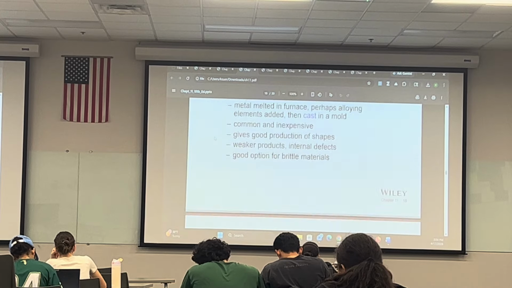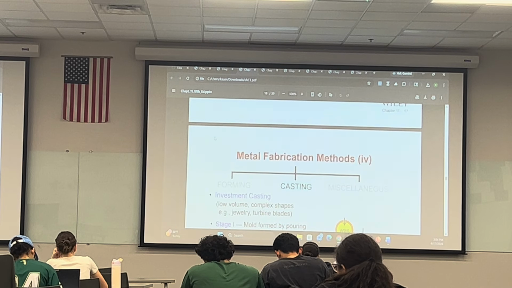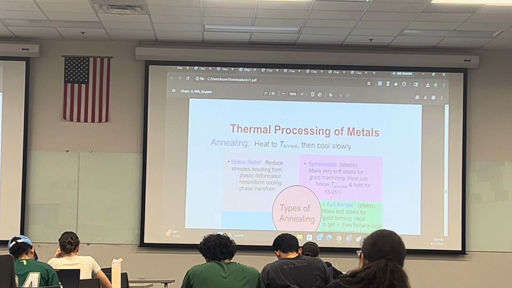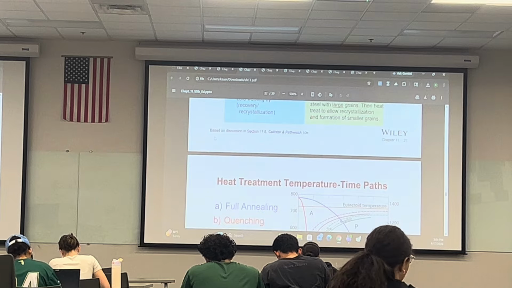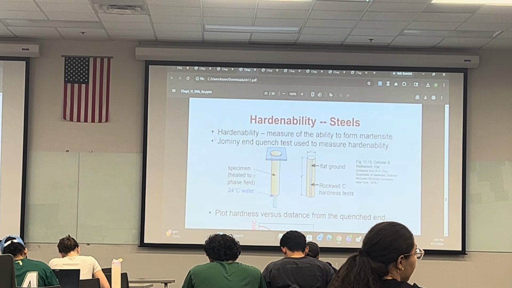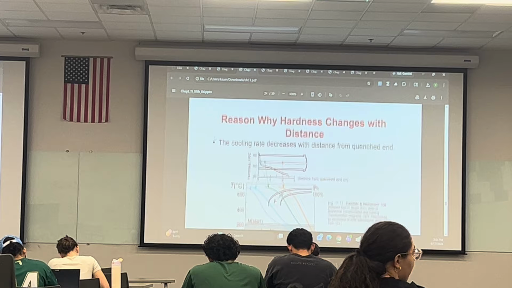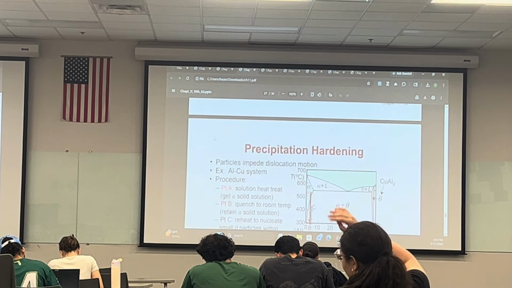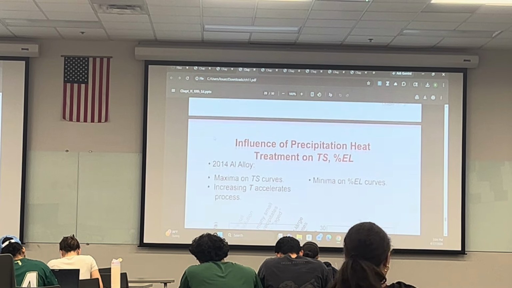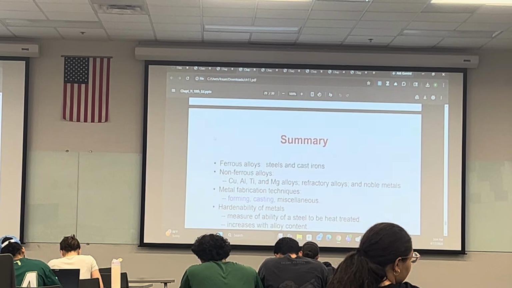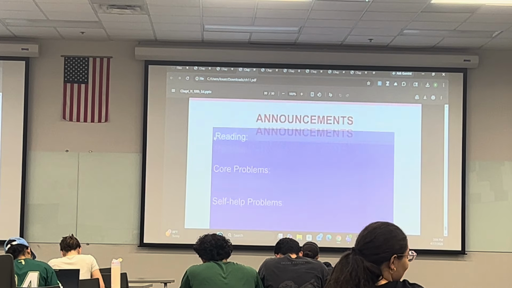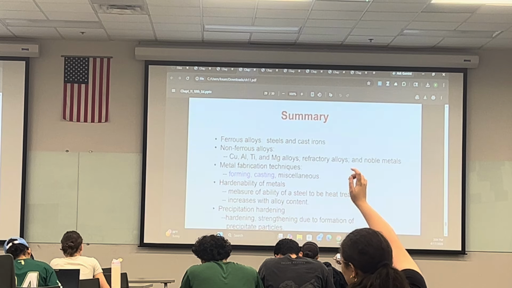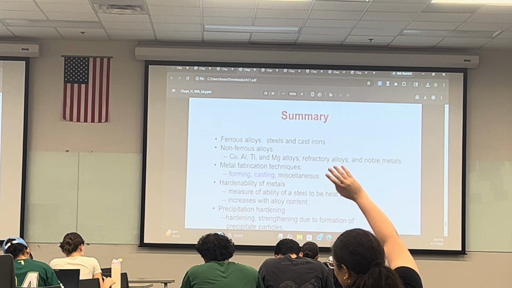The main thing about this chapter is the cold working processing. This chapter doesn't have a lot of calculation, but it's still good to review.